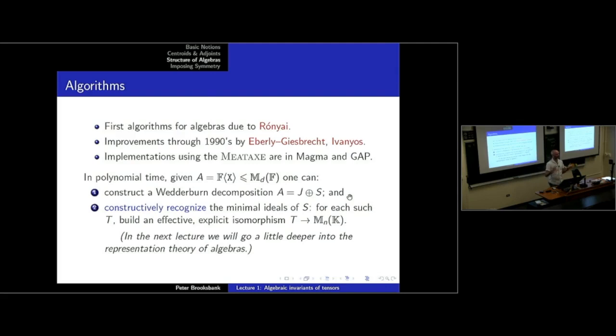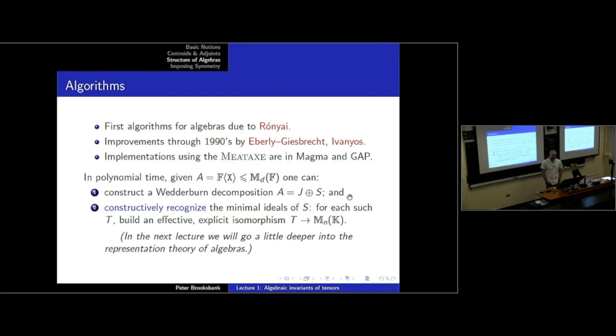He was really trying to establish a polynomial time theory. Over the 1990s, though, numerous authors contributed to these improvements. I've mentioned a few here, but I'm guessing there are a few more. Eberly and Giesbrecht were two authors that contributed, and also somebody mentioned in Alexander's talk this morning, Gábor Ivanyos, also contributed quite heavily, starting with his PhD thesis, to the development of algorithms for these things.